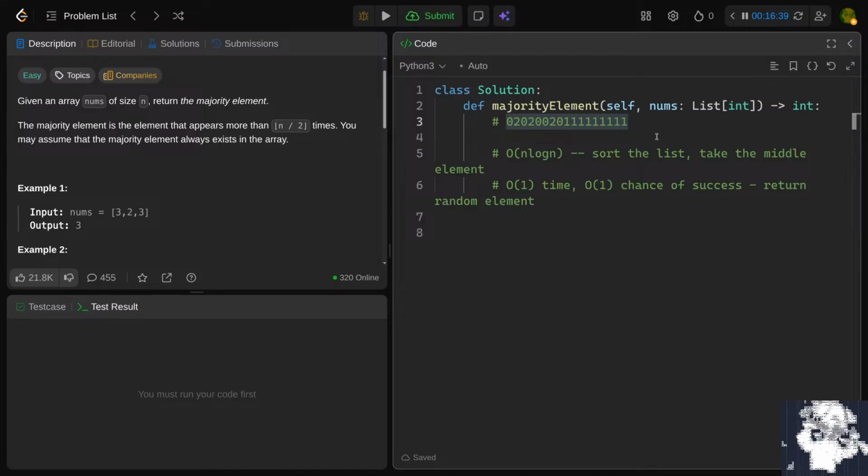So is there a way that we could cheat like that?